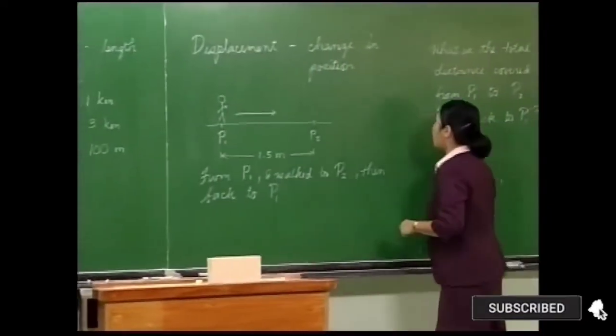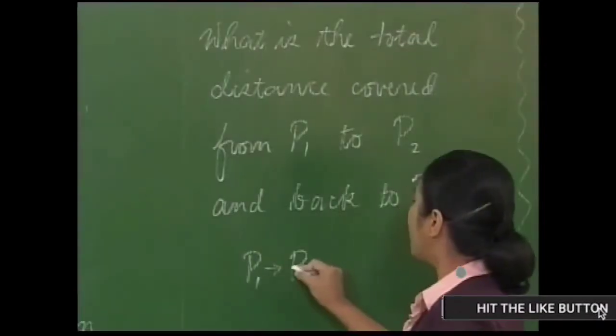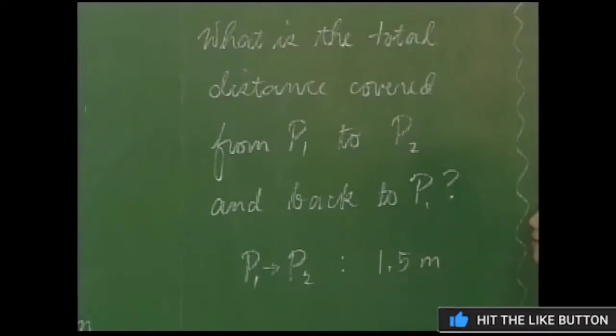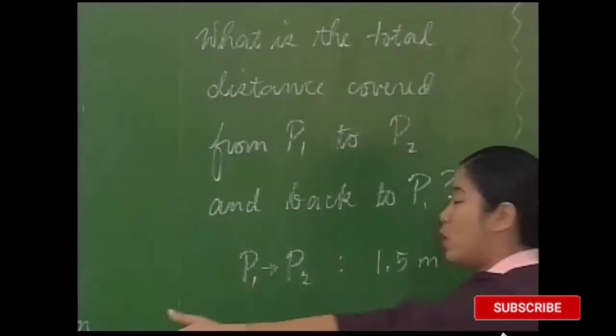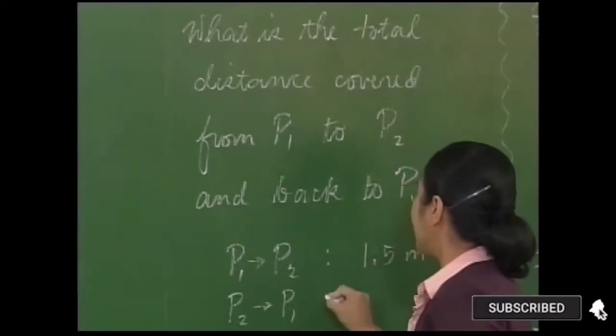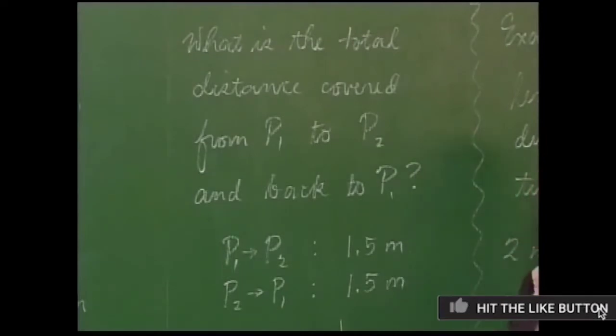So therefore, all I have to add would be point 1 to point 2, I cover a distance of 1.5 meters. On the other hand, going back from point 2 to point 1, again I walk 1.5 meters.